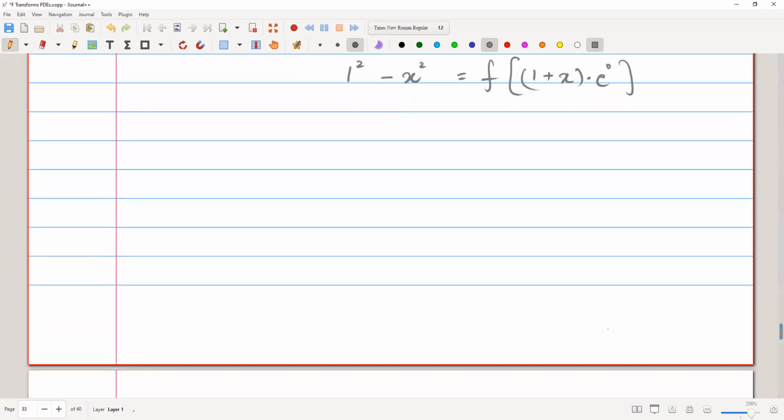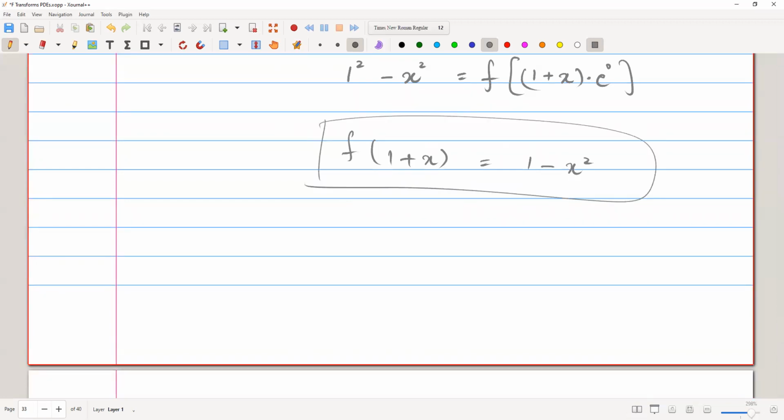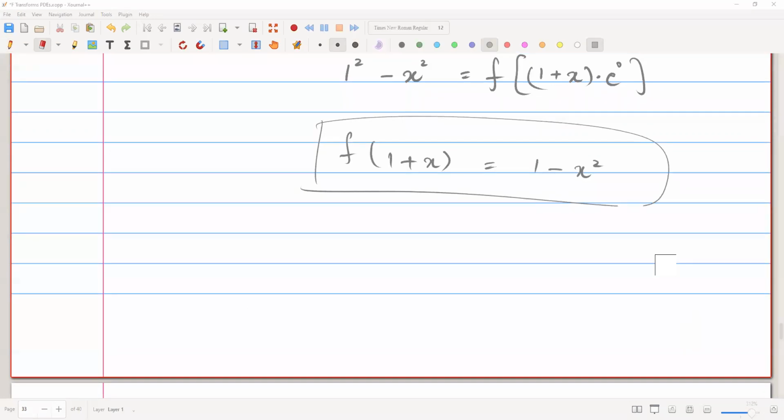So f of 1 plus x is equal to 1 minus x squared.